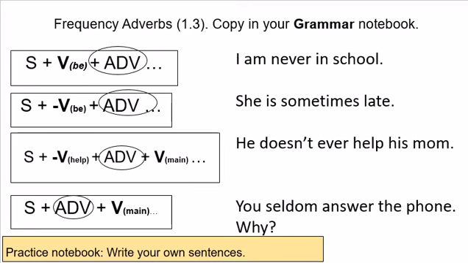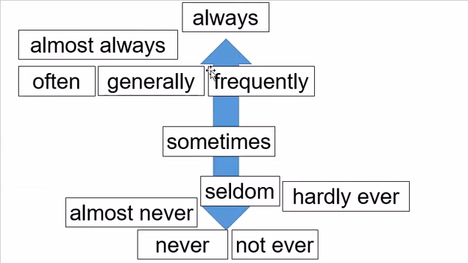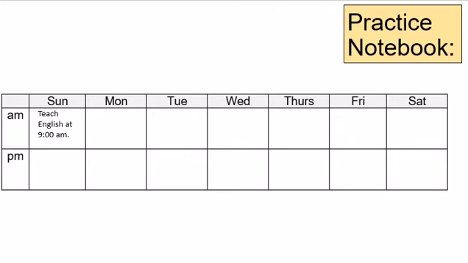In your grammar notebook, you should do this for frequency adverbs. You wrote the adverbs. You did three things with frequency adverbs. You wrote them like this, and you made a table with your schedule.